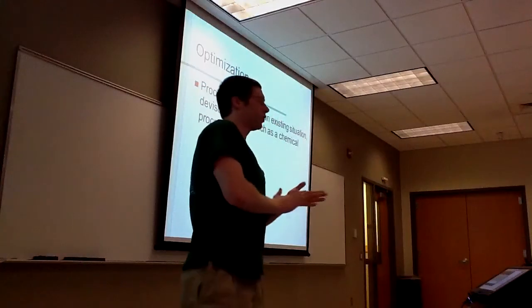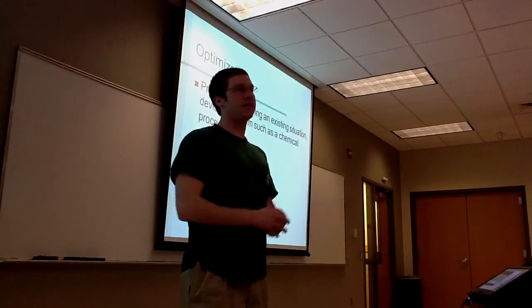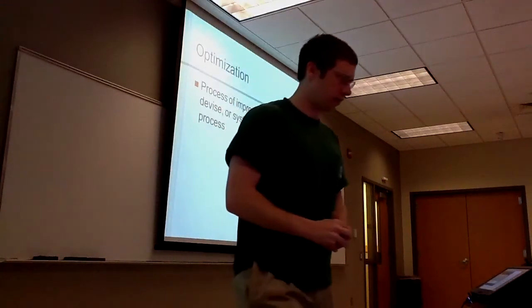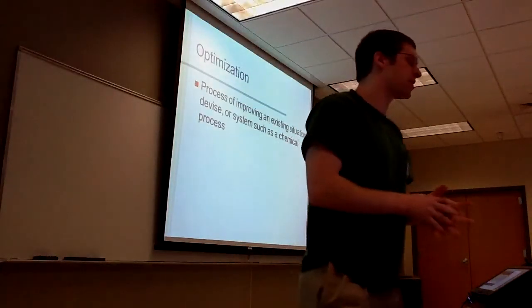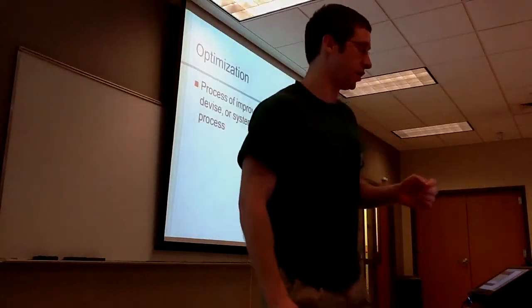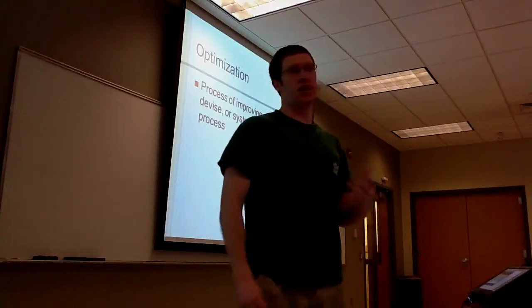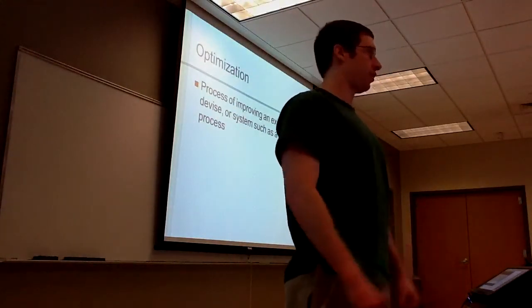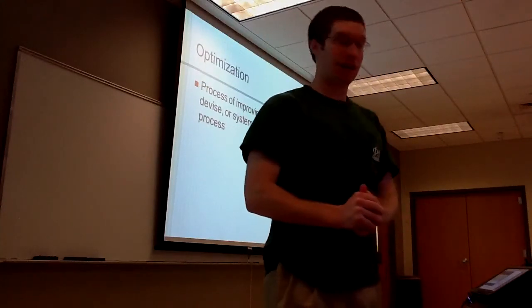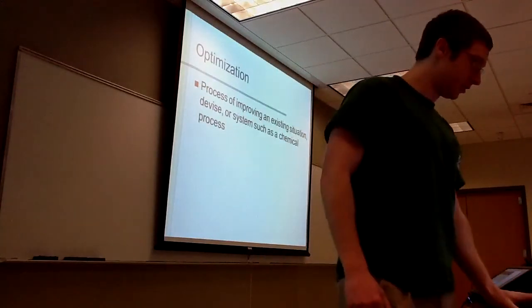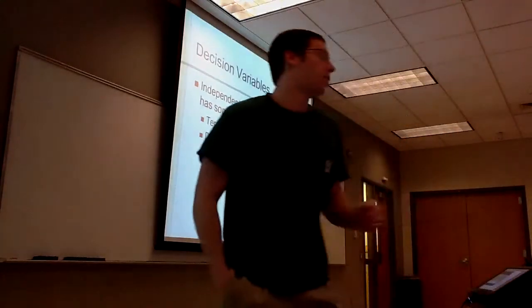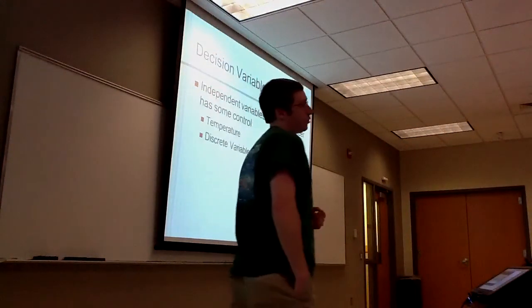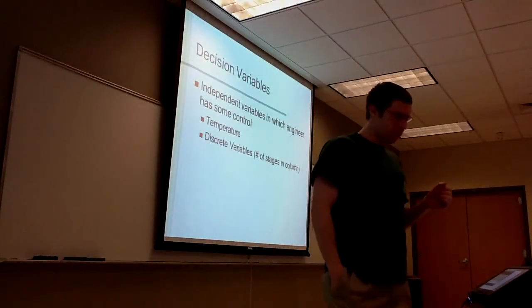But first off, we need to identify what optimization is, and it's defined as the process of improving an existing situation, device, or system, such as a chemical process. And that's what we're really going to be focusing on, being chemical engineering students. First is the decision variables, and there are a couple different kinds.